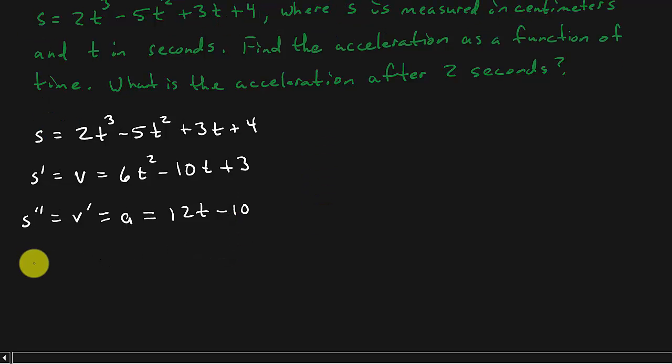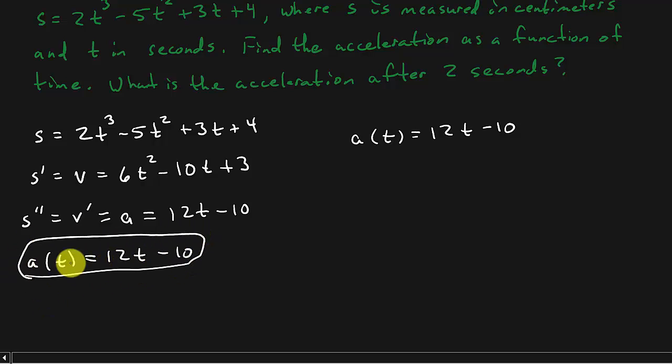So our acceleration function is 12t minus 10. If you want to, you can write a of t is equal to 12t minus 10. I think I prefer that. So that answers the first part of the question.